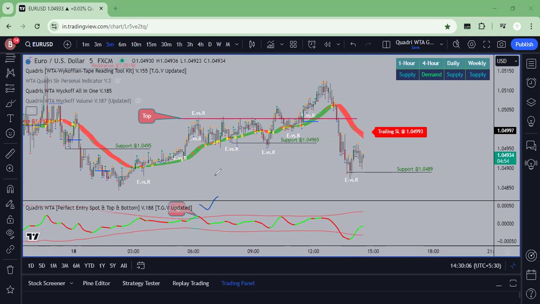After getting a top or bottom formation, this was the recent top. This is the recent bottom which has been formed at this particular level. So now what I'm looking out for is, as the price is below the ribbon, if I'm getting a breakdown and then a test, then I would open a sell order at this particular point if the ribbon is red.